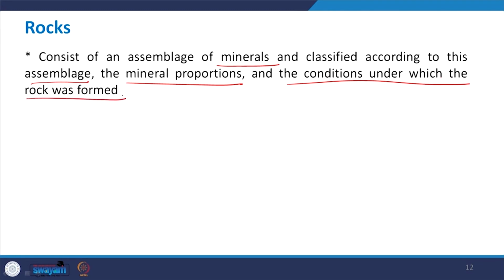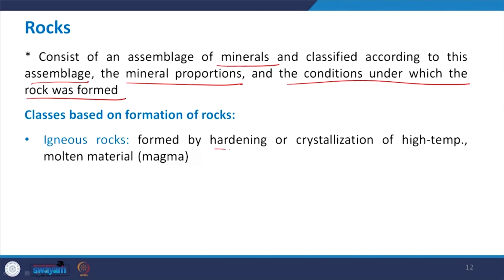The condition under which the rock was formed is very, very important and one of the major factors deciding its properties. So, based upon the formation of the rocks, classes have been defined. The first class deals with the igneous rocks.